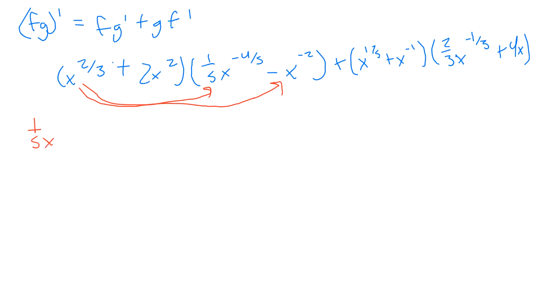So we can combine those using our property saying that if we are multiplying the same base to two different powers, then we can just add those powers together. So what we can do is we can say that x to the 2/3 times x to the negative 4/5 is just equal to x to the 2/3 minus 4/5.